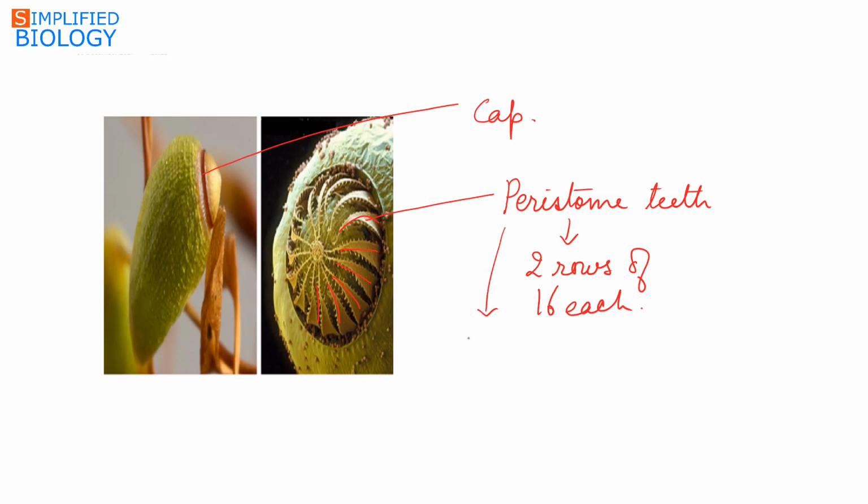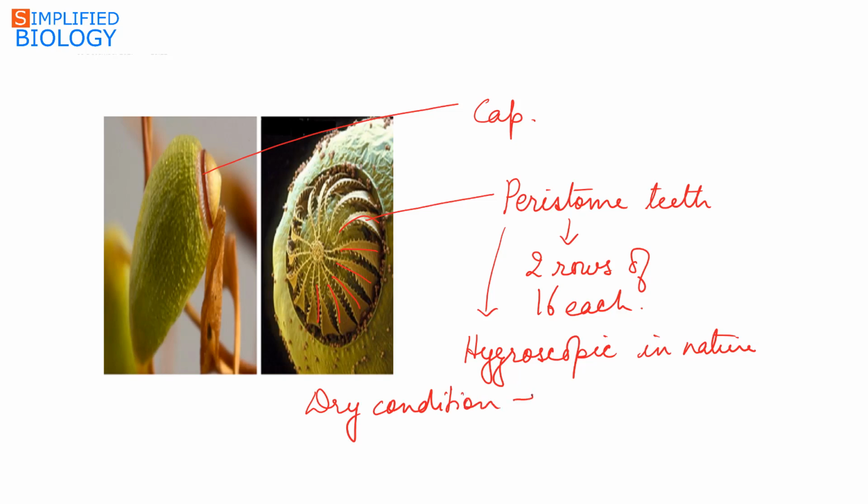These peristome teeth are hygroscopic in nature. Under dry conditions, these teeth lose water and hence bend outwards, opening the spore sac from which the spores are released.